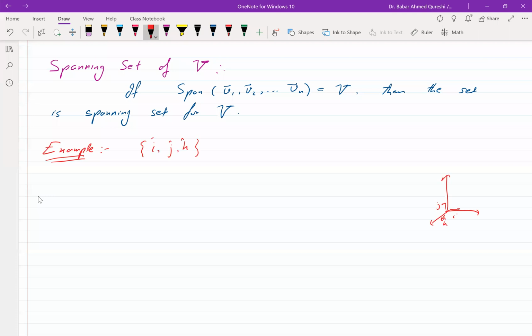Since you know that you can write any vector over here like this. So this is a spanning set for the space of geometric vectors.